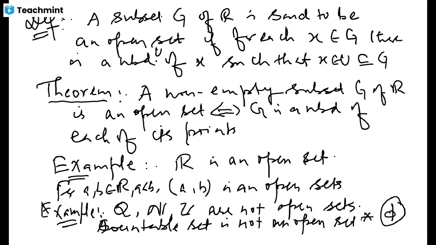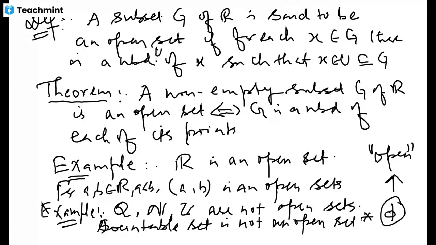The empty set phi is an open set because the definition works by default on it, since we say for each point, but phi has no point, so we consider it an open set. So except for phi, which is considered a finite set, a countable set cannot be open. That's why I'm pointing out this exception here.